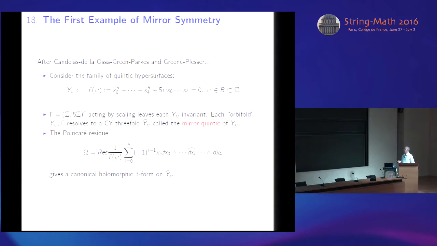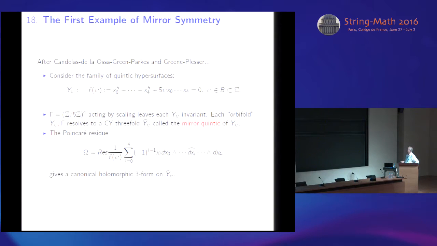And this was the major work by Candelas and his co-authors together, and also Green and Plesser. So this is a turning point of modern mathematical physics in relation to algebraic geometry, these two works together. They consider the family of quintic hypersurfaces, which is defined by this.